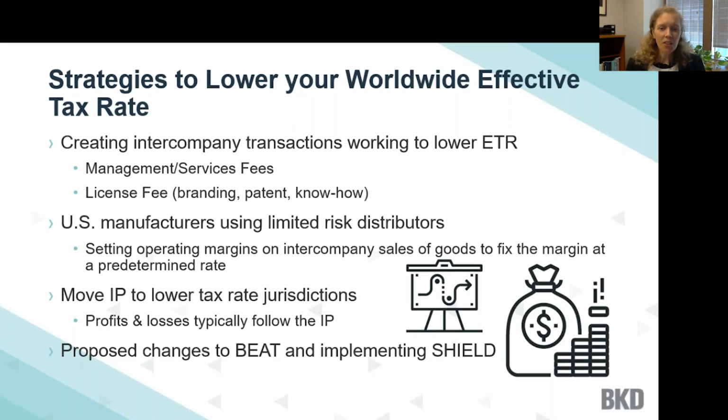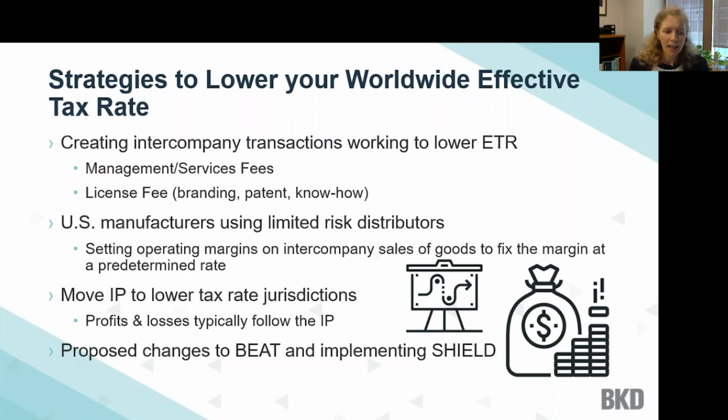There have also been proposed changes to BEAT and this idea of SHIELD, which is not necessarily a tax, but a disallowance of deductions. These are things that have been proposed in the Senate Finance Committee draft issued on August 25th.